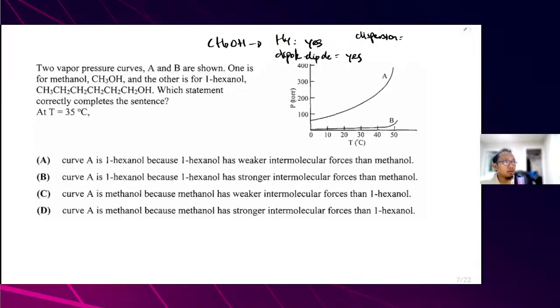Like I mentioned before, London dispersion is present in all molecules. It's the only force in non-polar molecules, so it will always be in all molecules. Dispersion, yes.